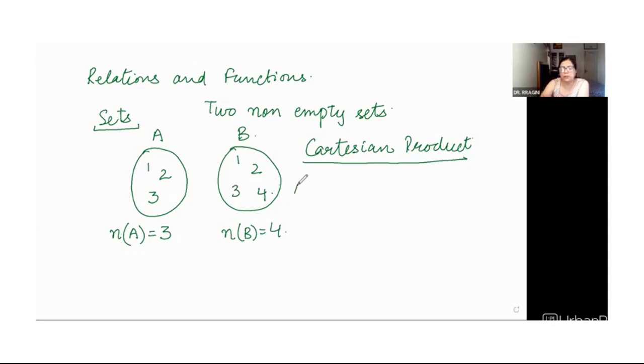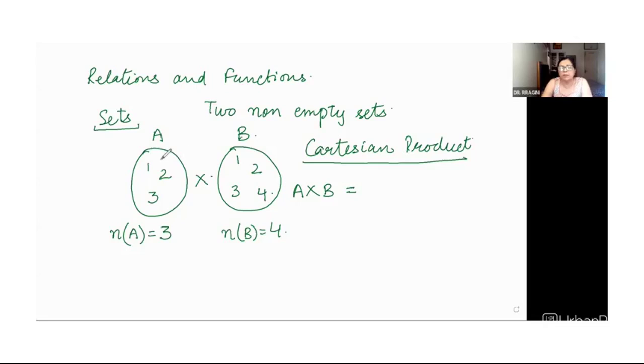Cartesian product is represented as A cross B. Now, this Cartesian product is nothing but a simple connection between every element of set A with every element of set B, irrespective of any kind of defined relationship they have.